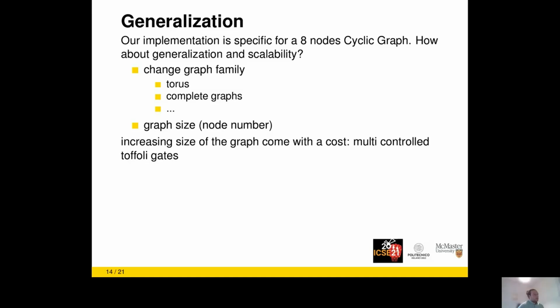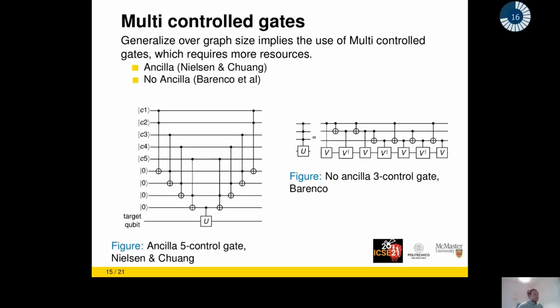And as concerns the graph size, increasing it comes at a cost, because we also have to increase our succession of multi-controlled Toffoli gates, and they are very expensive in terms of resources, as we will see in the next slide.